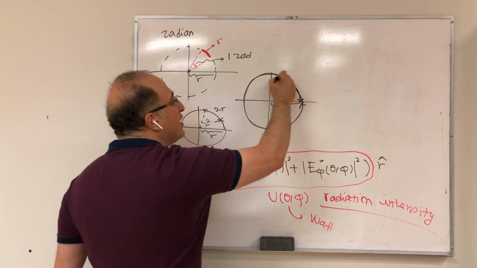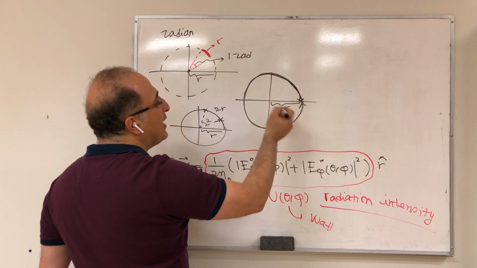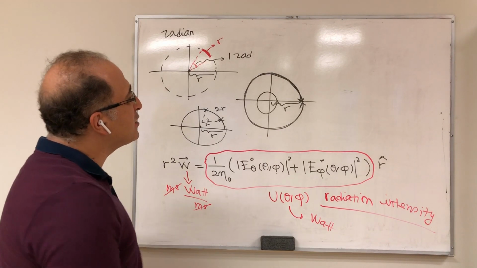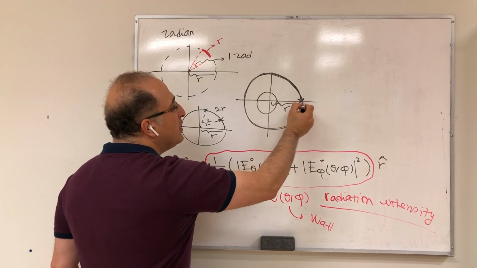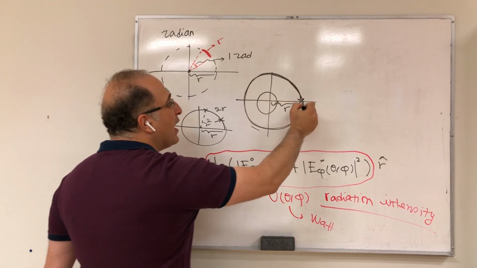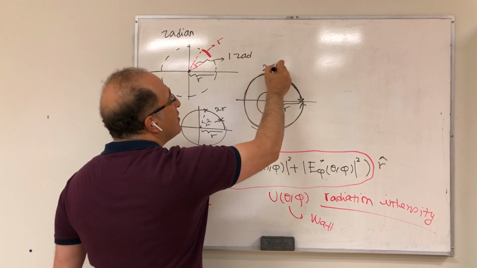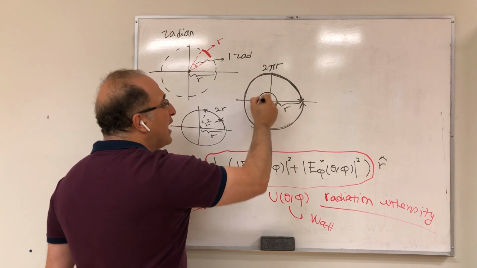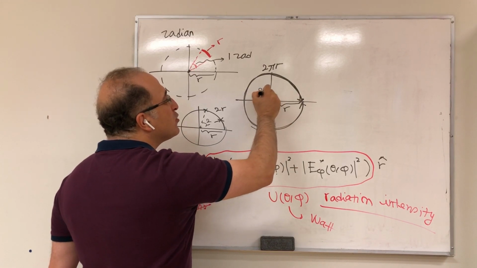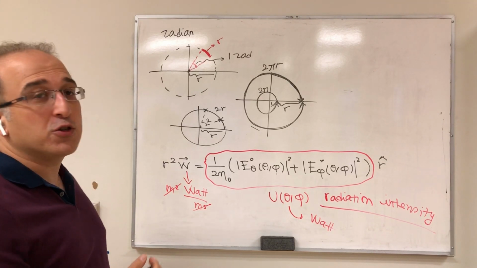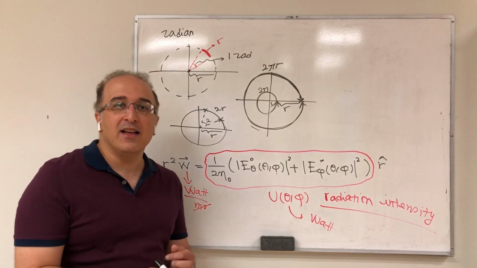So the total angle that I'm looking at is this. What is the total length from here all the way coming back? This is, of course, the circumference of the circle, 2 pi r. So the total angle here would be 2 pi radian, or 360 degrees as we know it. This is the definition of angle in a plane.